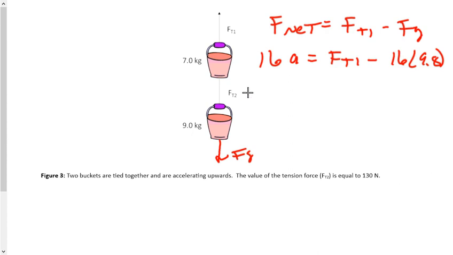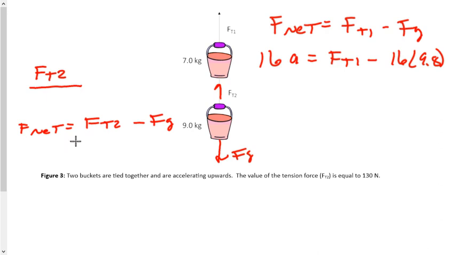Now what if I wanted to find out what force tension 2 equals? Well, we're going to write another equation for that. So force tension 2, I'm just going to label that there if I want to find force tension 2. Then I'm going to say force net equals, this will be going upwards, force tension 2 minus force gravity.